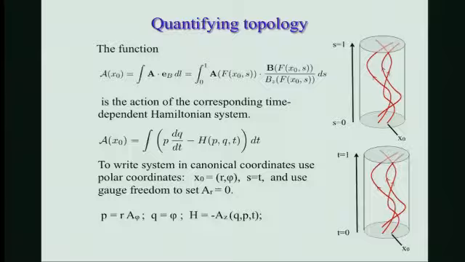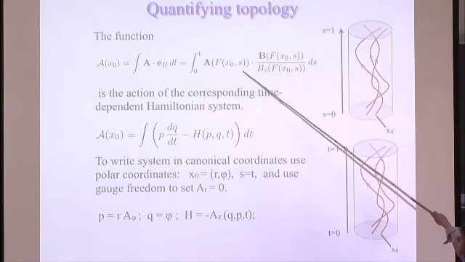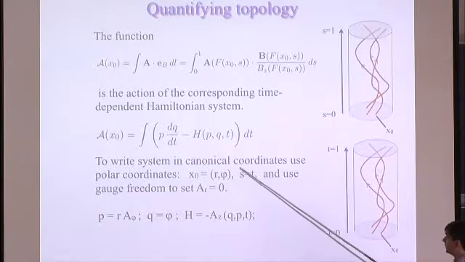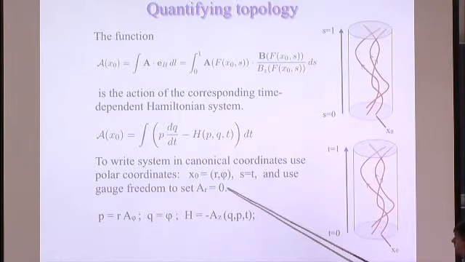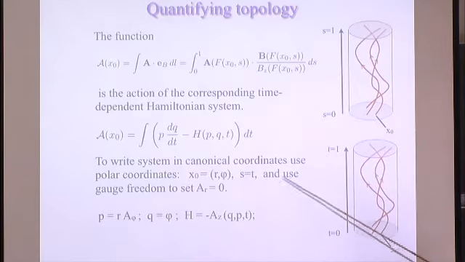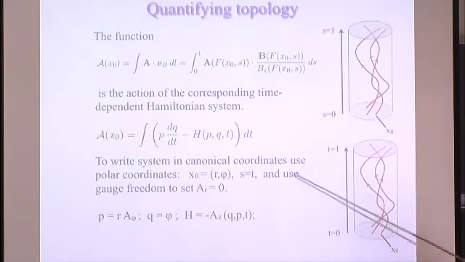If you write this magnetic field in this domain as a Hamiltonian system, you can do this by using polar coordinates r and phi, and you identify your z coordinate, or s coordinate, with the time t.